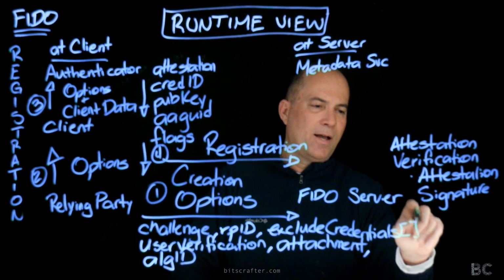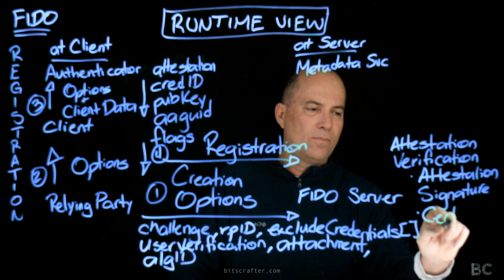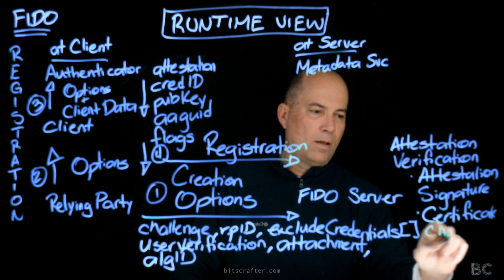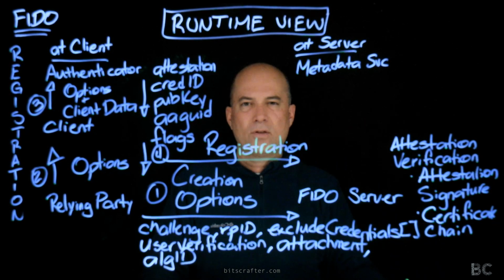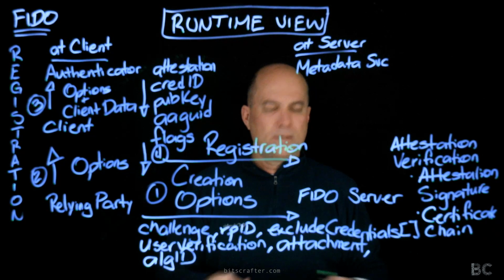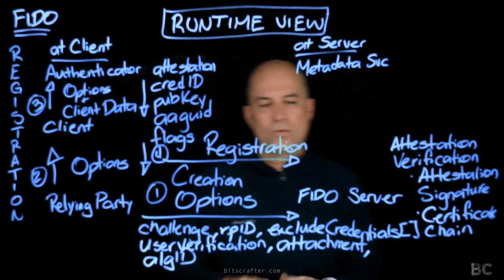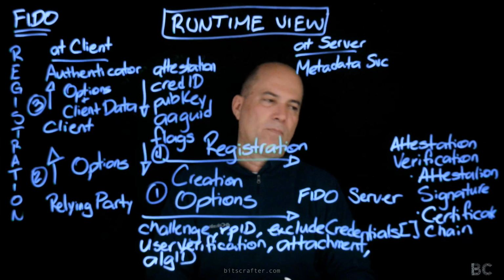And then an attestation object typically comes with a certificate chain. So basically, FIDO borrows this concept of certificate chain from PKI, right? And the idea is that on the server, you will need to have something like a trust store. So you need to decide who it is that you trust when they come with a registration.